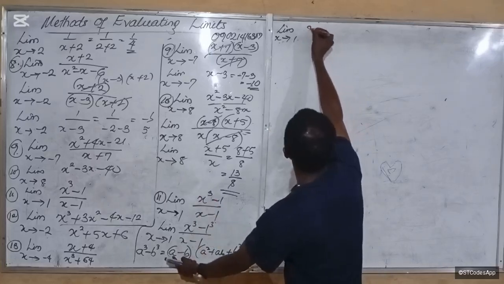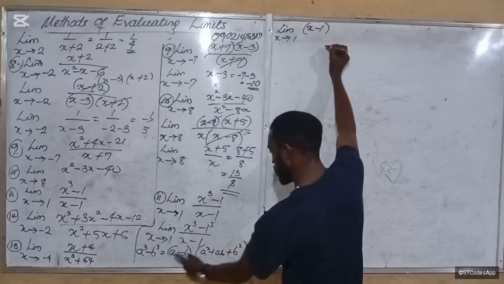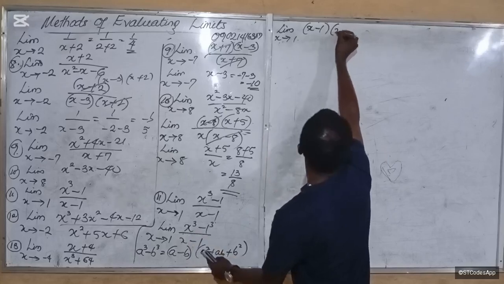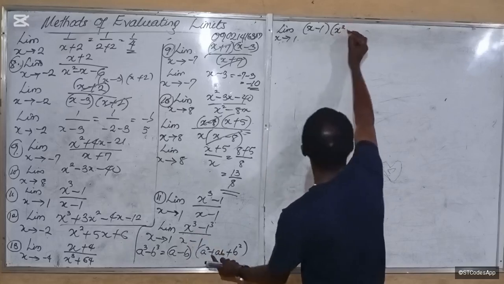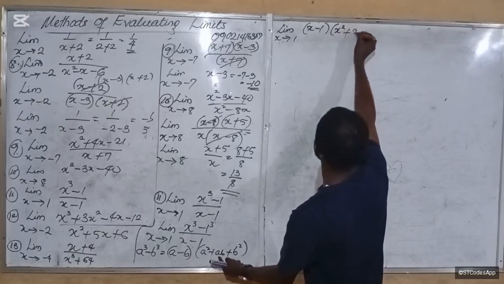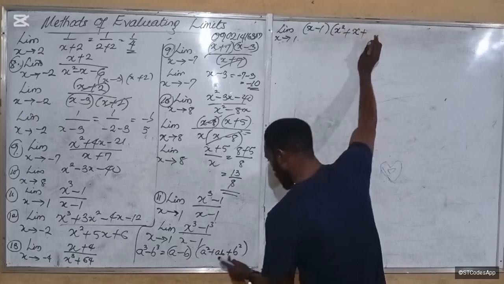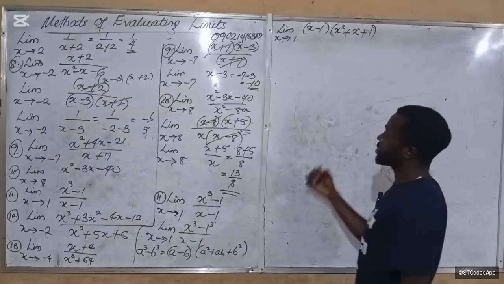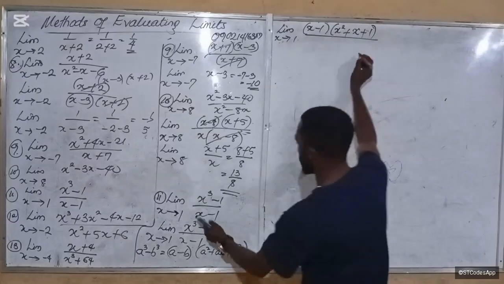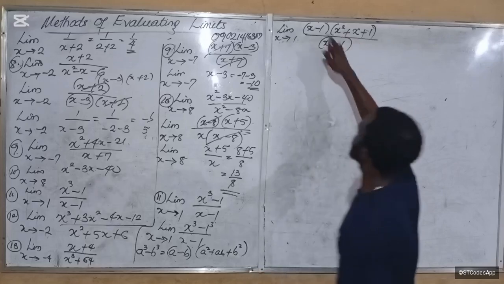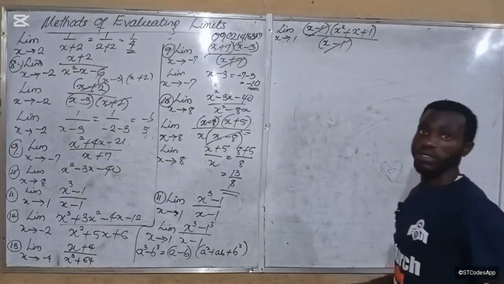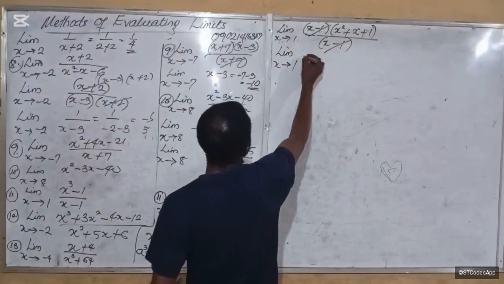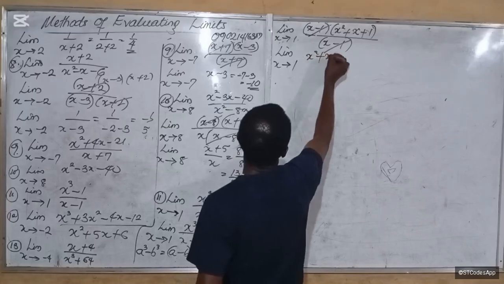That will be x minus 1, open bracket, x squared, the first term squared, plus the first term times the second term, which is x times 1, x, plus the second term squared, that is 1 squared, that is 1. Then over the denominator x minus 1. Okay, so you see, this takes care of this again. So the limit as x approaches 1 of x squared plus x plus 1.